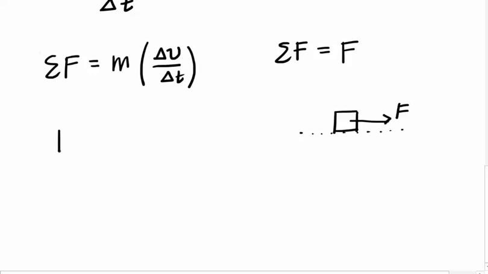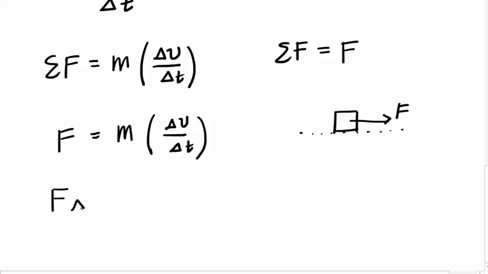So then F would be equal to m delta v over delta t, if you have this one force causing a change in velocity. So could I write this as F times delta t is equal to m delta v? Is that legal? That force times time should be equal to mass times a change in velocity?